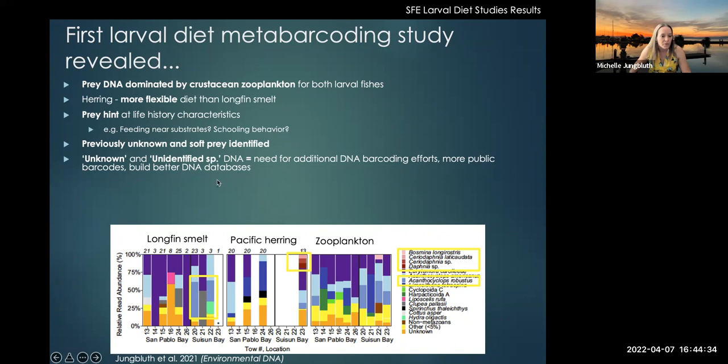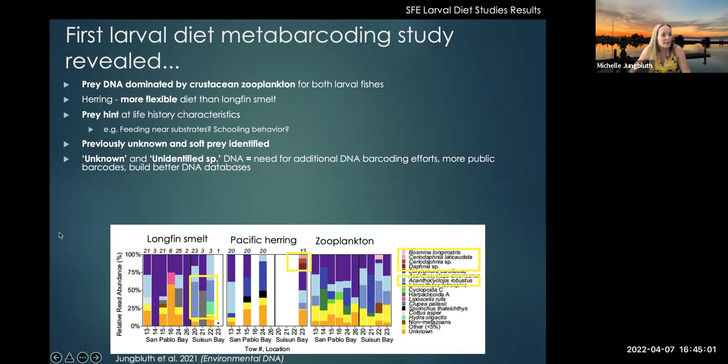For example, there was a greater amount of fish DNA in the longfin smelt than in the herring. Now we know with morphological diet analysis, they see fish eggs in the guts pretty often, so we know that they eat fish eggs. This tells us which fish they're eating. Also, herring DNA was found in the longfin smelt guts, which could hint at where they're feeding in the water column, if they're eating the eggs off the substrates that the herring are laying their eggs on.